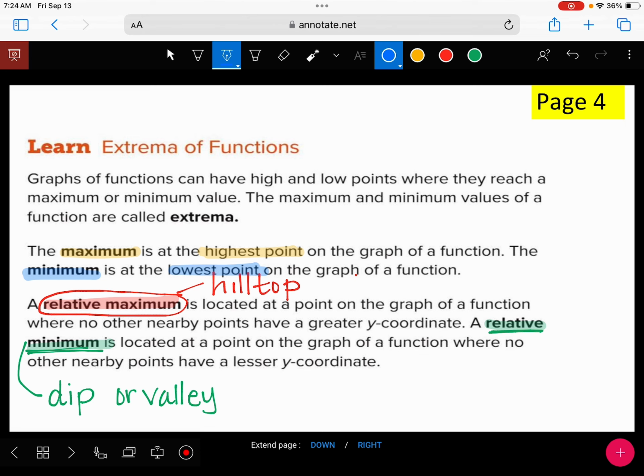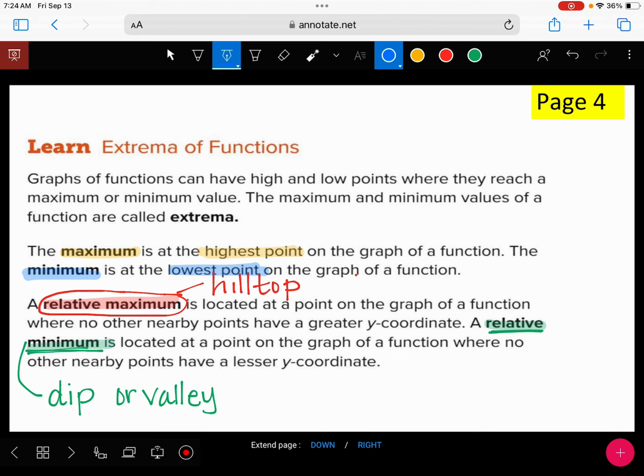So the first one, we talk about the maximum. That's your highest point. If it's a minimum, that's your lowest point. And then we talk about the little ones in between. The relative max, that's your hilltop.